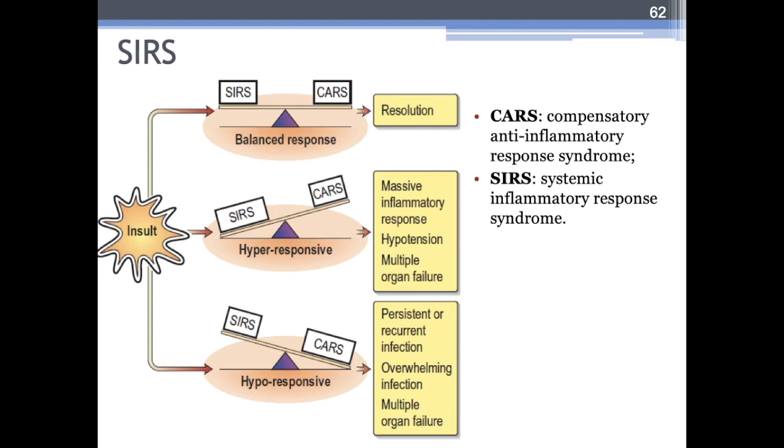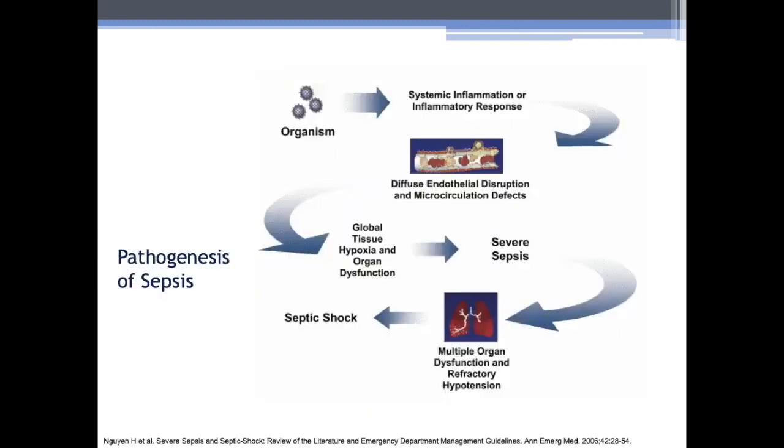But sometimes we have other things. There could also be a situation with overwhelming infection and multi-organ insufficiency, because of persistence or recurrence of different infections. And if again we draw a vicious circle for the patient with sepsis and septic shock, we see that SIRS together with hypoxia is one of the core problems for the development and one of the core elements of the pathogenesis of septic shock.